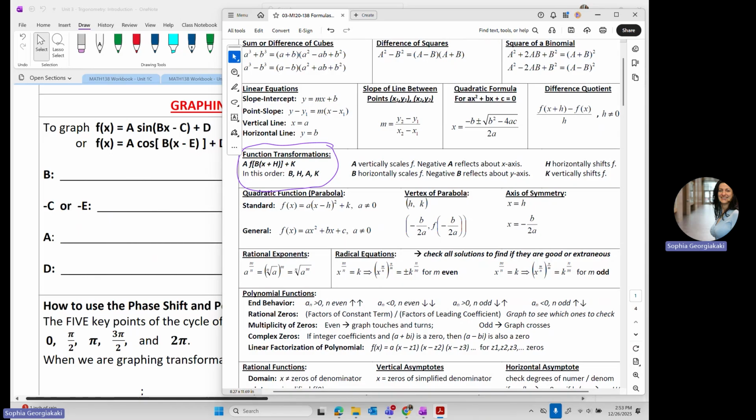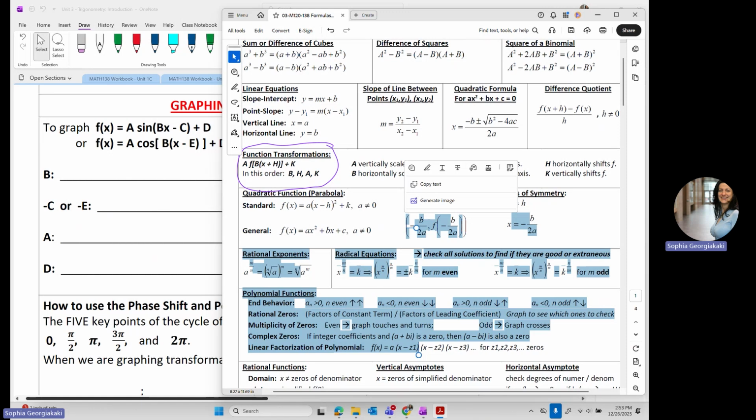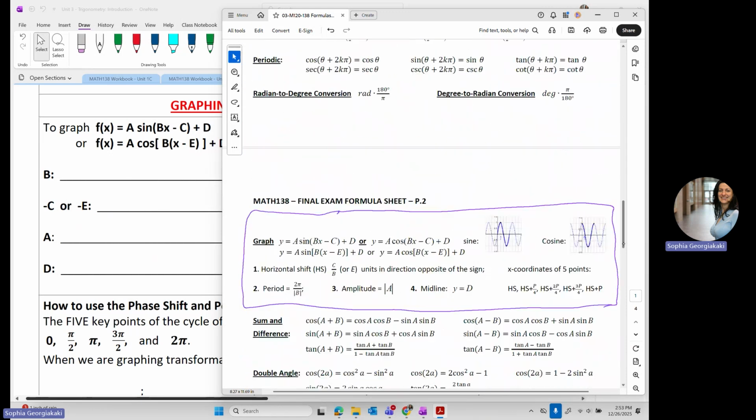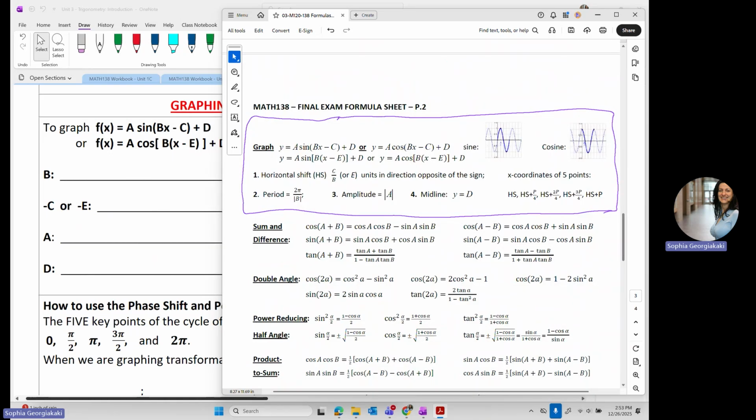If you see x doubled in your expression, it will be a scale by 1/2 on your graph. If you see x halved in your expression, it will be a scale by a multiple of 2. So all of these things are now summarized here so that you can follow one process.